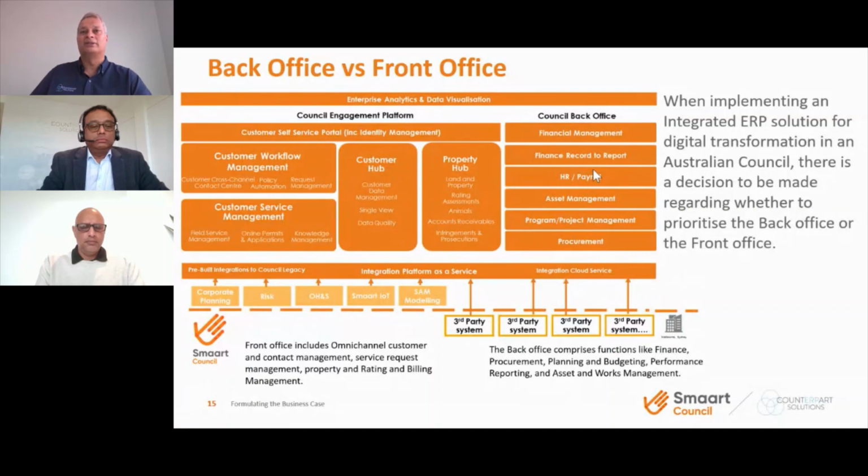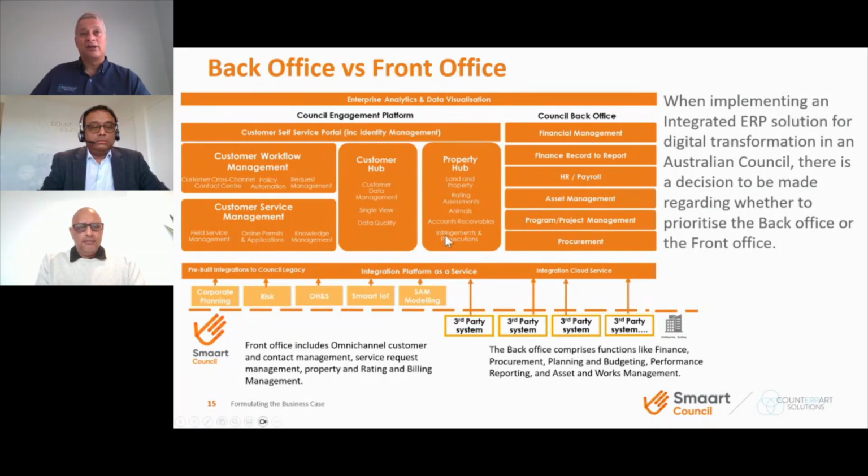So having that understood, if we look at the front office implementation first versus back office, it will give us some real wins up in the customer space. We'll be able to provide automated customer engagement through workflows and self-service portals, and the ability for us to understand our customer and manage the property management and customer management right up front.